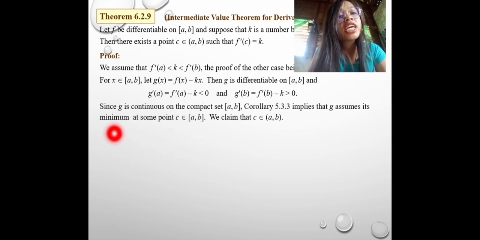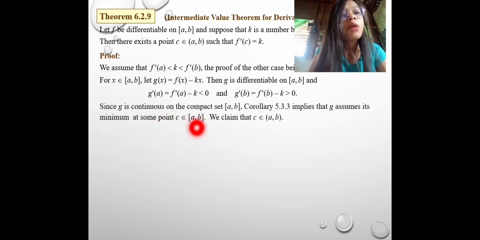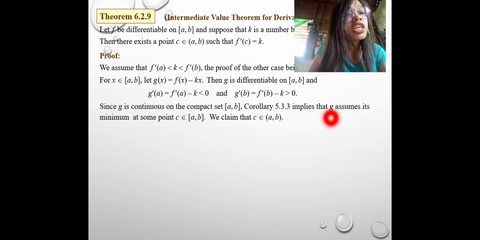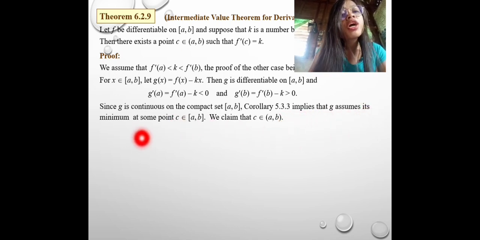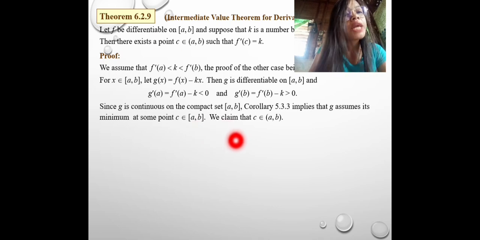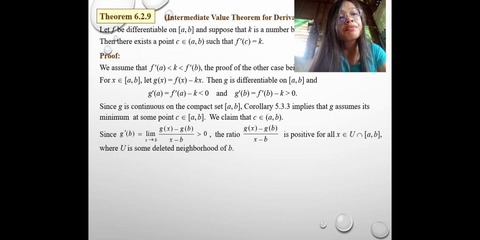Since g is continuous on the compact set [a,b], Corollary 5.3.3 implies that g assumes its minimum at some point c in [a,b]. We claim that c is in (a,b).